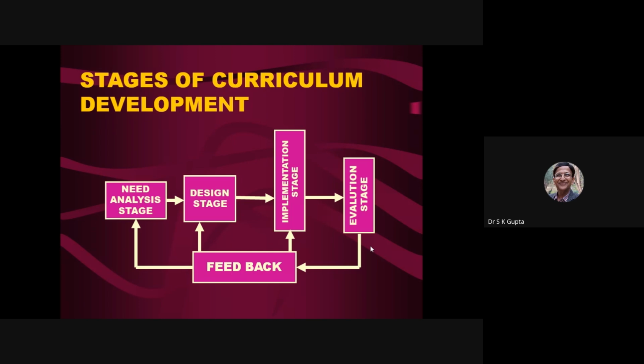During the implementation, we also have formative evaluation of the curriculum if there is some problem during the curriculum implementation. And also when one batch has gone, then we have summative evaluation of the curriculum so that we can make the changes if something is there in the need analysis stage, in the design stage, or in the implementation stage. So these are the four stages of curriculum development.